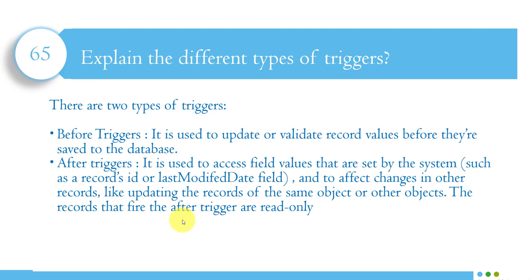If you're not aware, going to a little more basics, a trigger can be written per object. Account is an object, so I can write a trigger on account. Contact is an object, so I can write a trigger on contact.